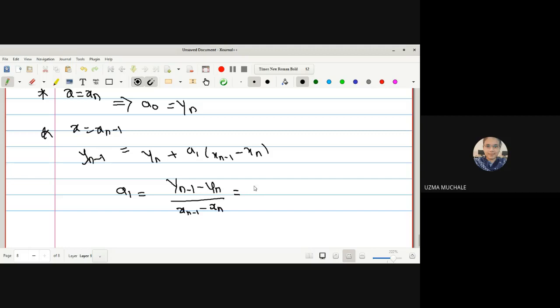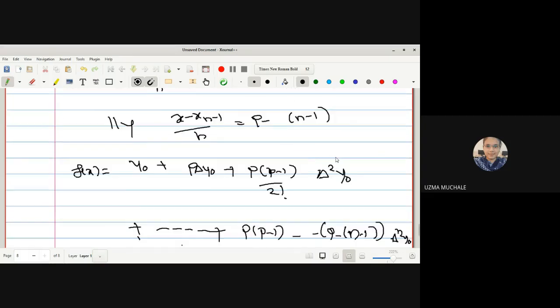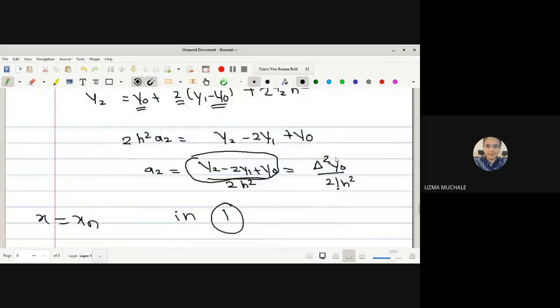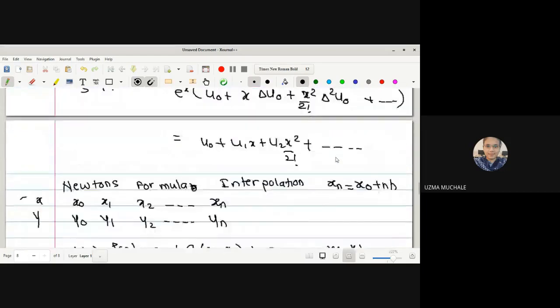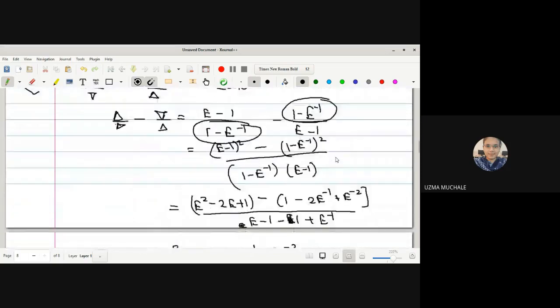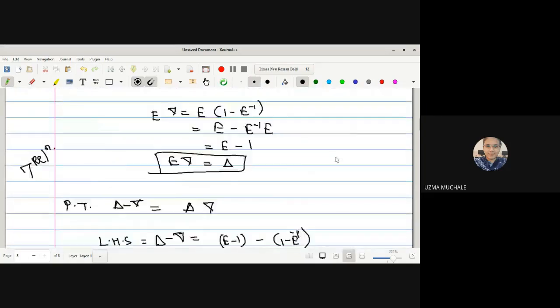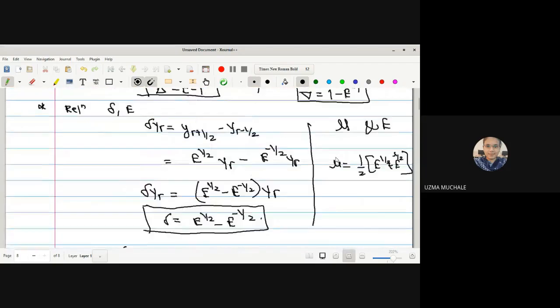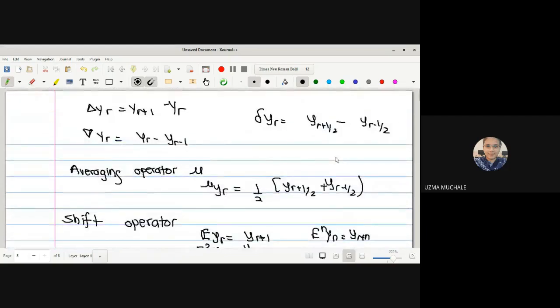Yn minus 1 minus yn is nothing but the backward difference operator yn. If you are not knowing, let me go back. The first thing in this lecture we have studied, the first three formulas that I have written. What is the formula for the backward difference operator? yr is yr minus 1.